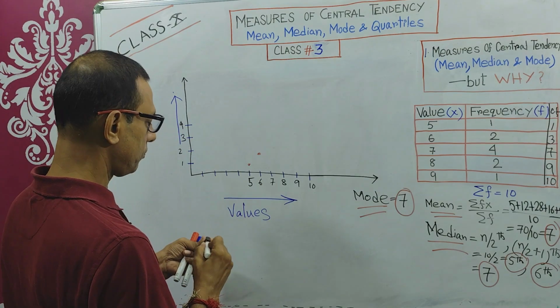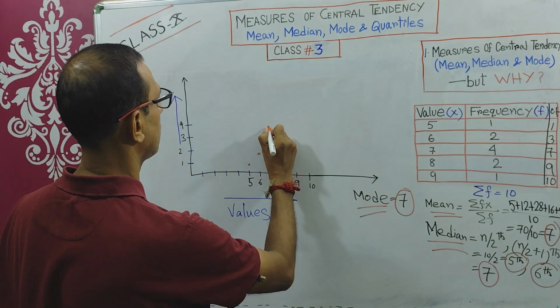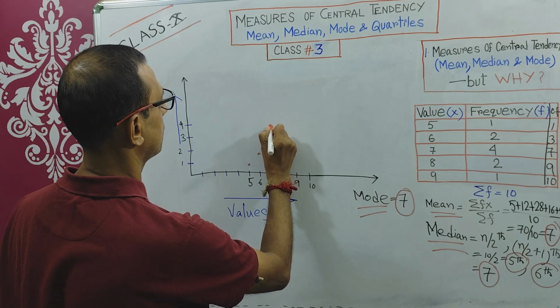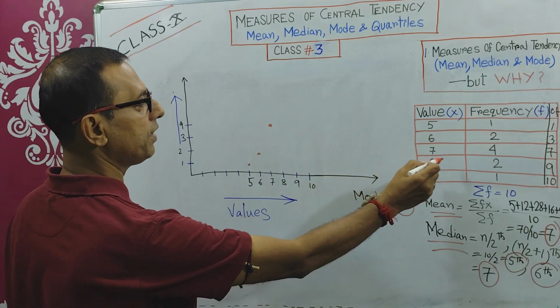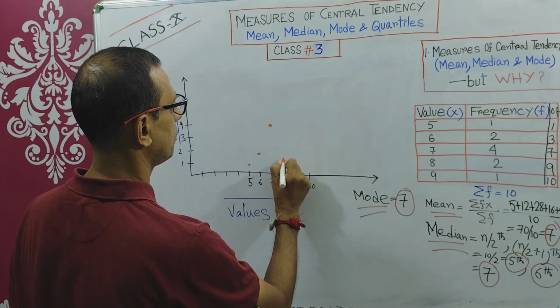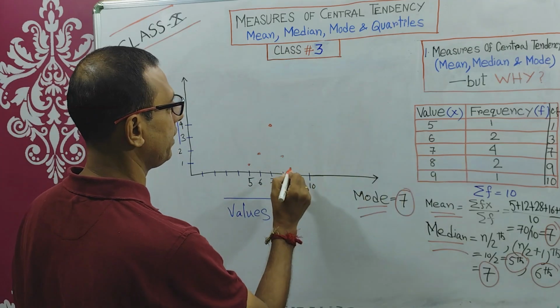So 7 has the frequency 4. Frequency of 8 is 2. And frequency of 9 is 1.